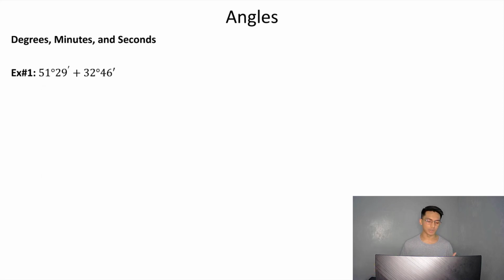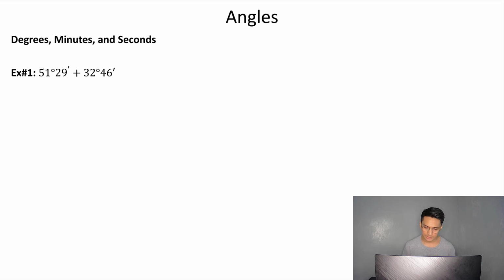For example number 1, we need to add two measurements of angles, 51 degrees, 29 minutes, plus 32 degrees, 46 minutes. So, paano ba tayo mag-a-add ng dalawang angle na hindi exact yung value? Kasi, if we are going to add 51 degrees plus 32 degrees, madali lang. But, meron tayong sobra.